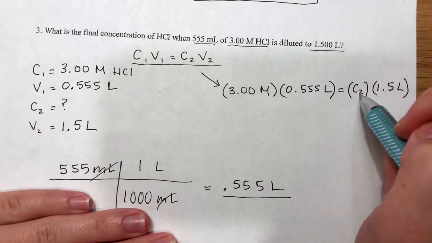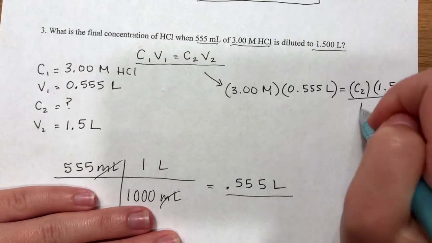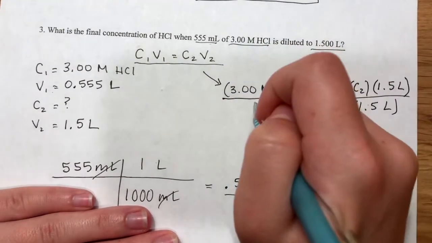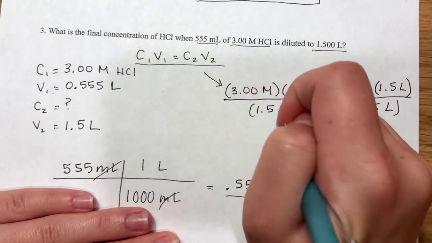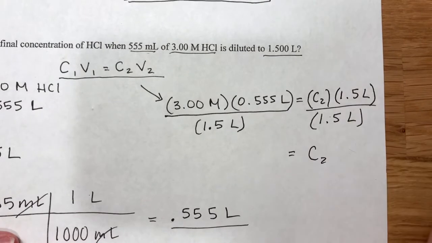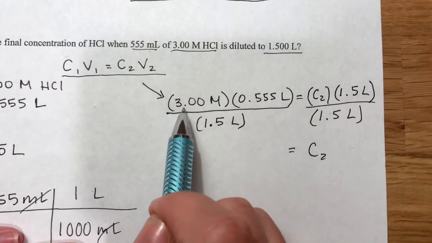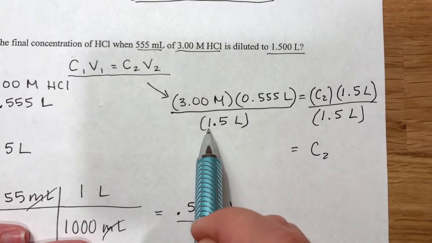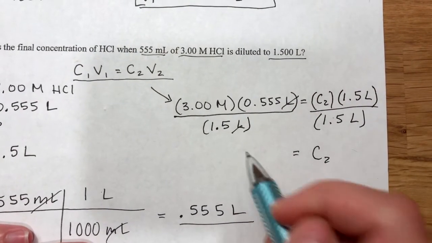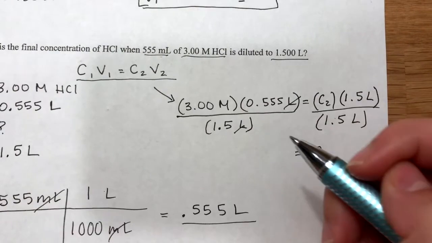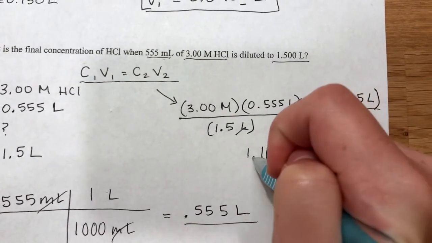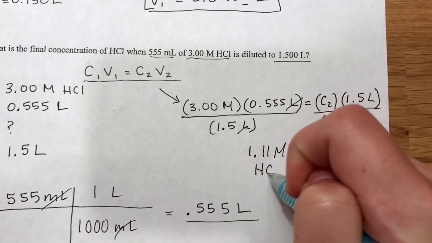To get C2 by itself, we divide by 1.5 liters. C2 equals 3 times the 0.55 liters divided by the 1.5 liters. Liters cancel out. Putting that in your calculator will give you 1.11 molarity HCl.